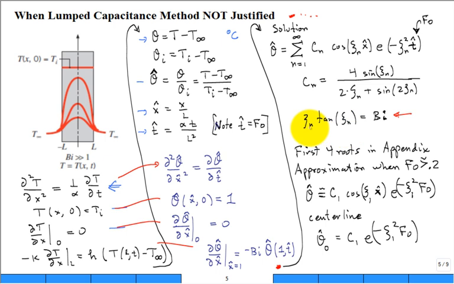That's why they put n equals 1, 2, 3, 4, 5, 6, 7, 8. They can go up to infinity. That's why you have a sum. So we see that this solution has an exponential in time. It'll decay in time. And it has some space dependence, which is a sum of cosines, and those coefficients. There it is. There's the analytic solution.